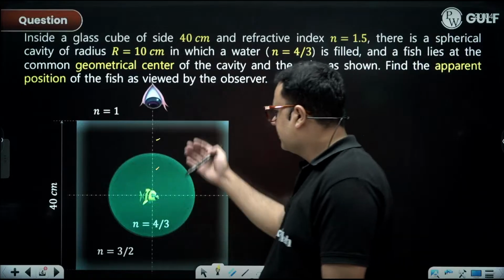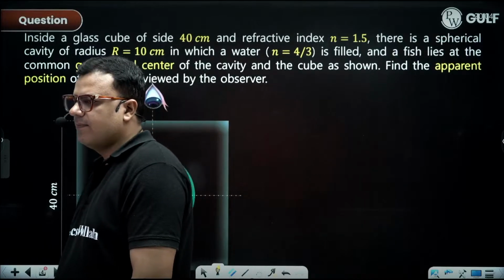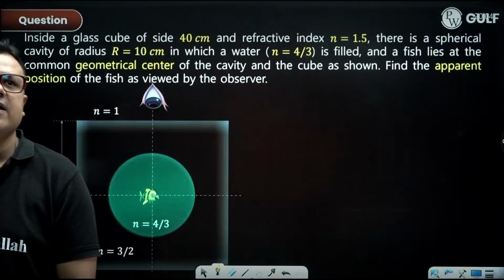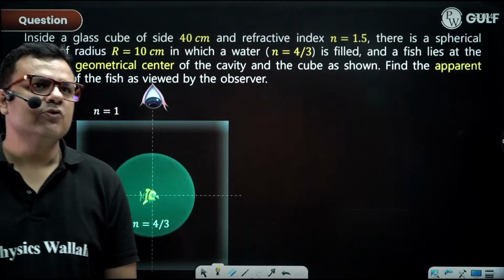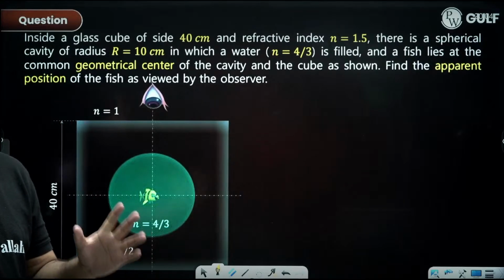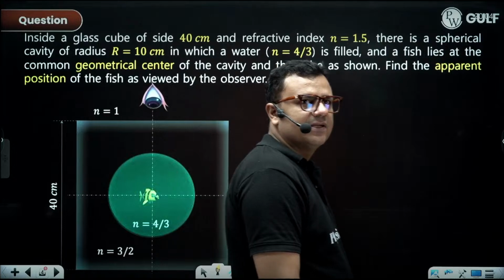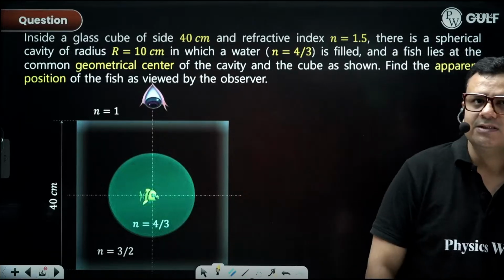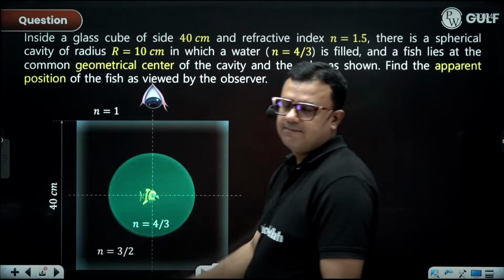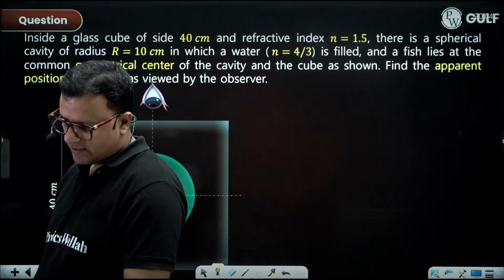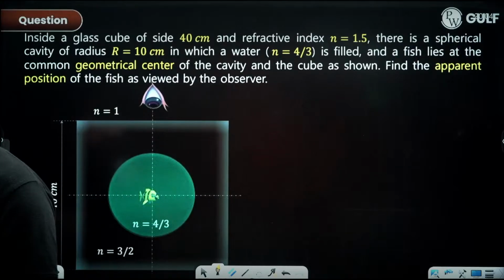How many refractions are happening over here? First, when it enters the glass cube, first refraction. Second, two. Yes. Second refraction when it is entering into the water. Two cases we are going to find out over here.